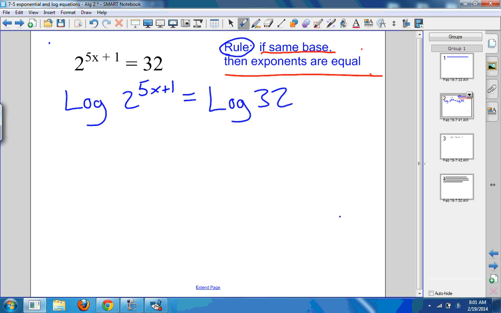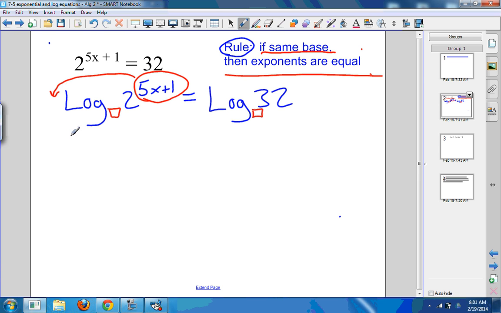Hopefully you remember that if there isn't a number here for the base, it's just 10. You can put a 10 in there if it makes you feel better. Now if we have a log, and inside of our log we have an exponent, hopefully you remember that we can take this exponent and bring it out here.